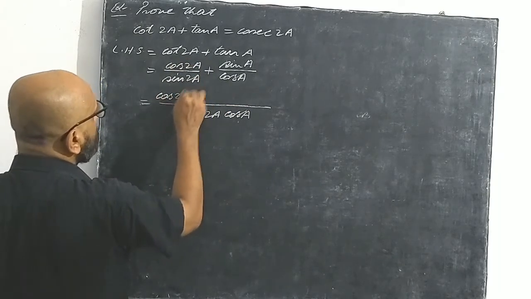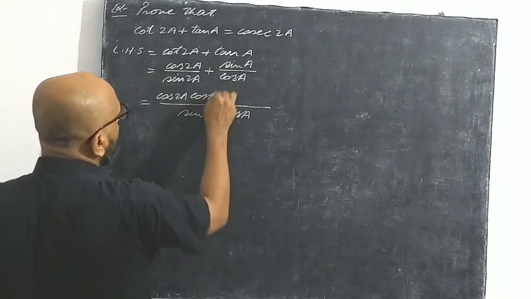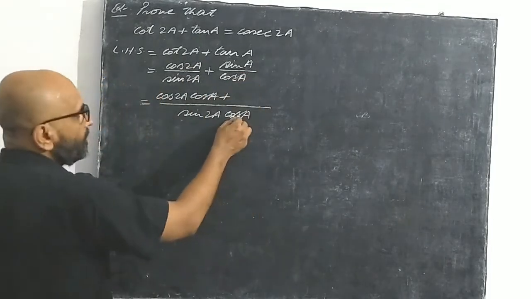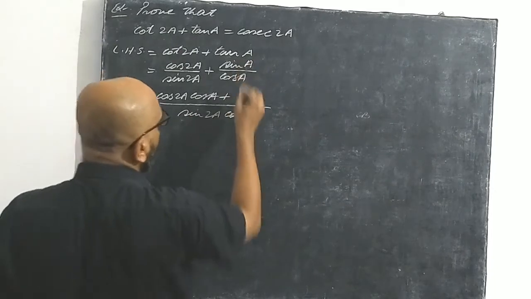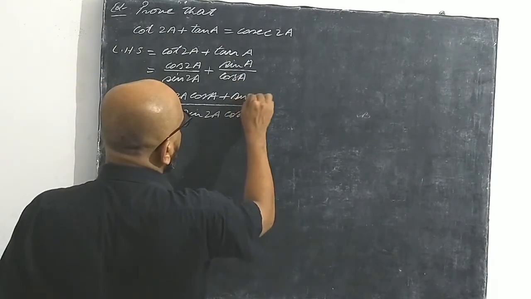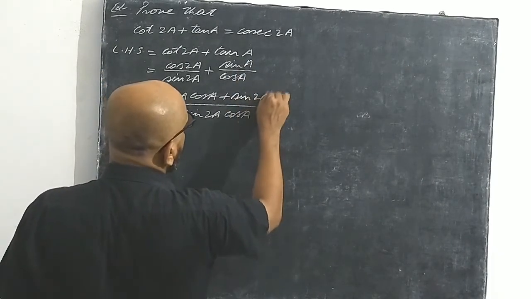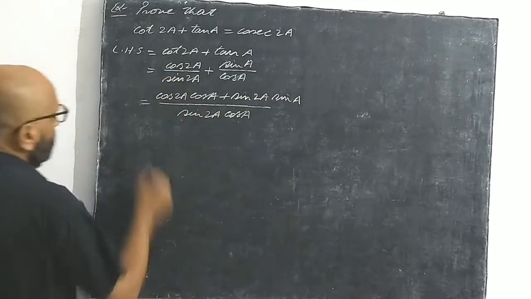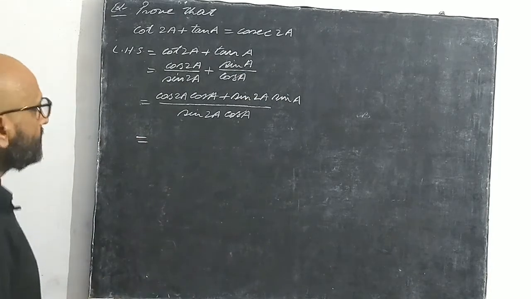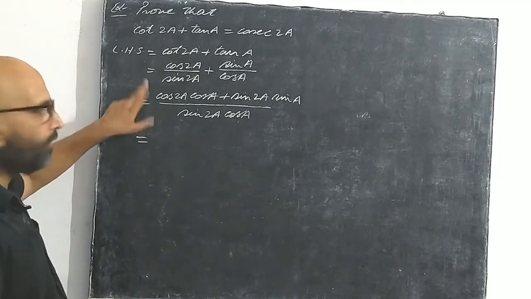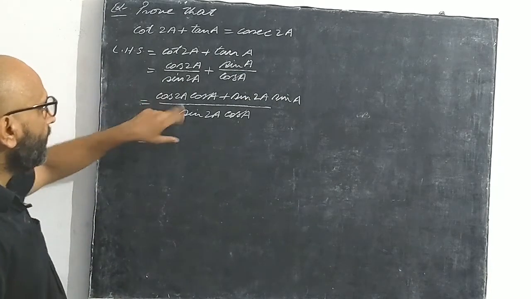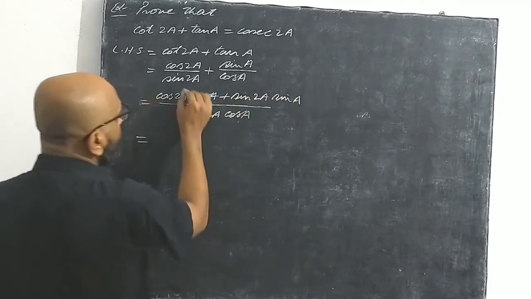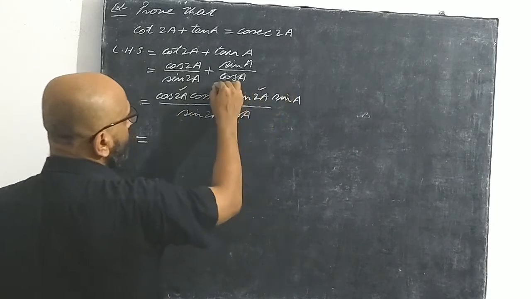So we have cos 2A into cos A plus, if we divide this LCM by cos A, so cos A will cancel cos A, and sine 2A will multiply the numerator. So we have sine 2A into sine A in this term. Now in this step, if you observe the numerator, we have cos 2A cos A plus sine 2A sine A. That means the angles are identical.